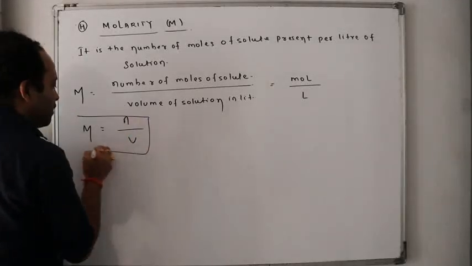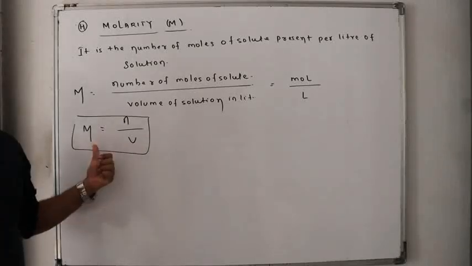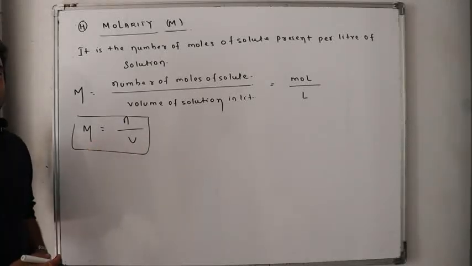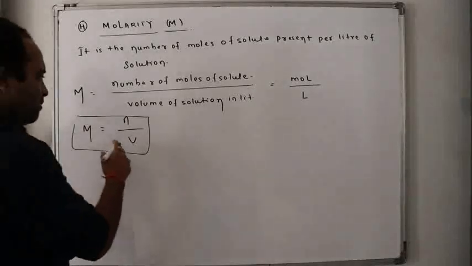So this is also a way of expressing concentration. Number of moles by volume is what? Molarity. ठीक है? Or can I write like this?